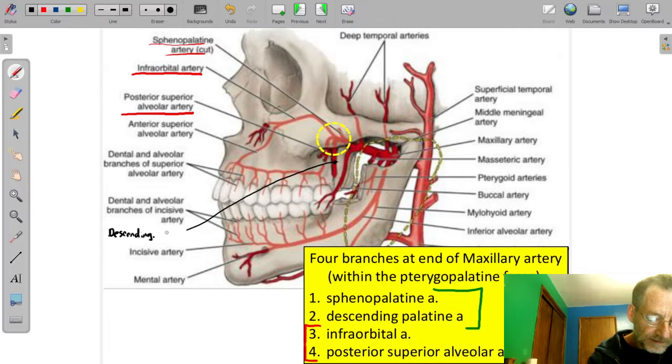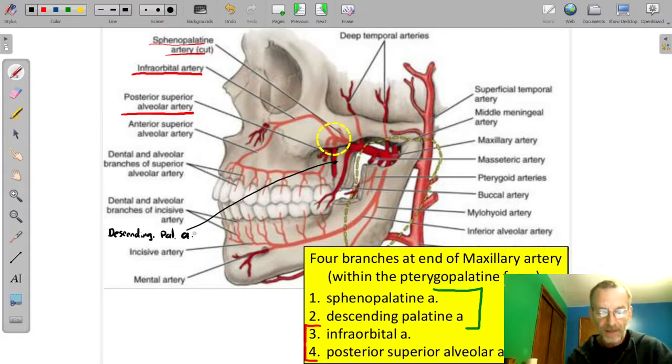Descending pal. Other figures do have it labeled. Okay? So that branching arises in the pterygopalatine fossa.